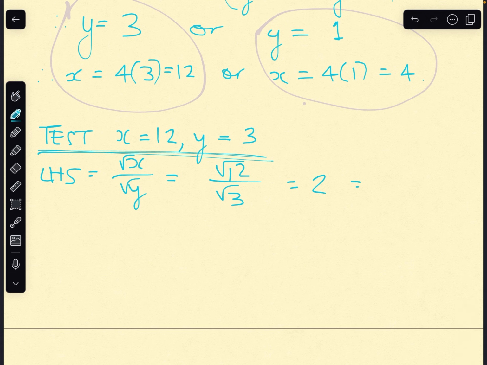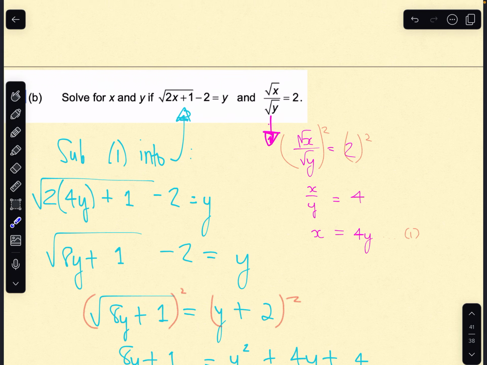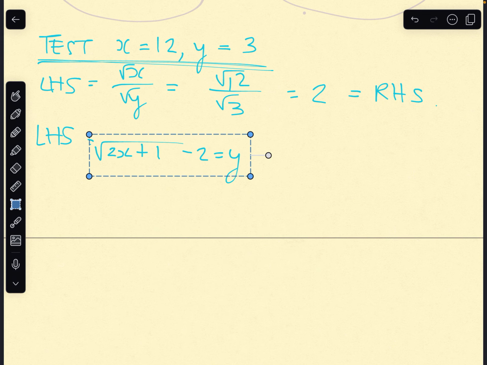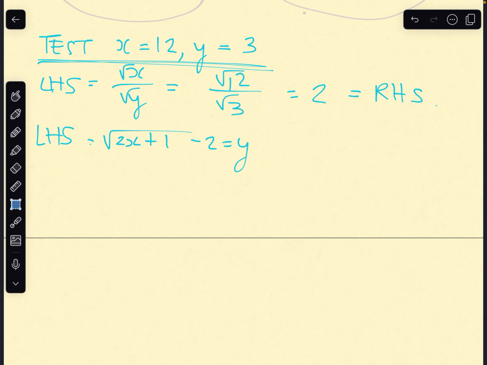So this looks promising. I'm also going to put it into the other equation, the other equation that the solutions need to work for. Let me write it out over here and then copy it across.